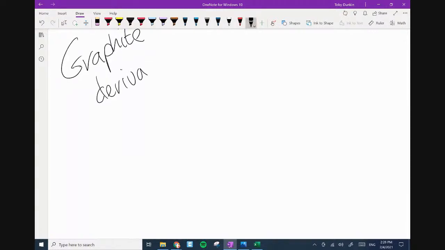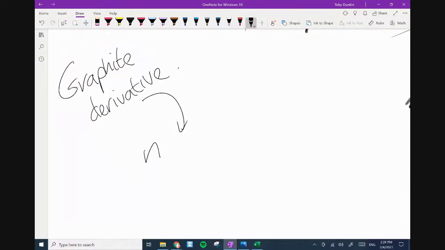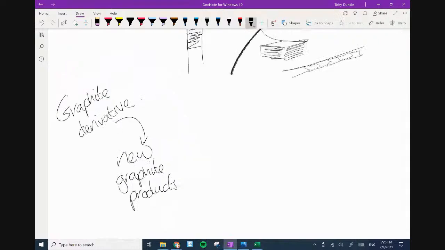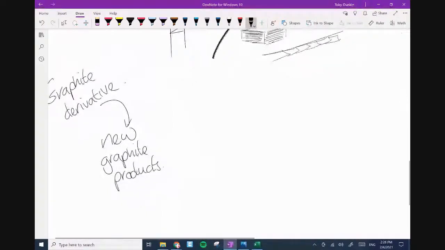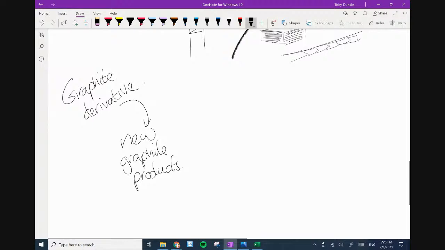So, graphite derivatives. What does the word derivatives mean? This is new graphite products. The first thing I get to talk about now, and I get you to do some research on this as well. This is why I don't want to ask you to do the next research project without this. The first one is graphene. Number one, I'm going to write it underneath, graphite derivatives.